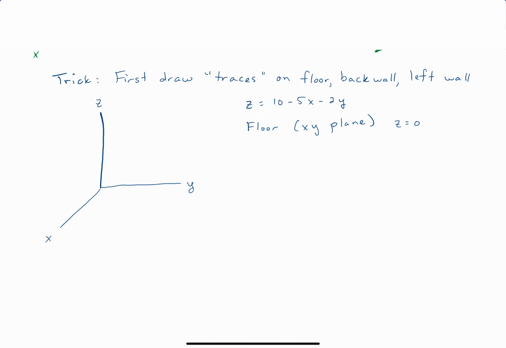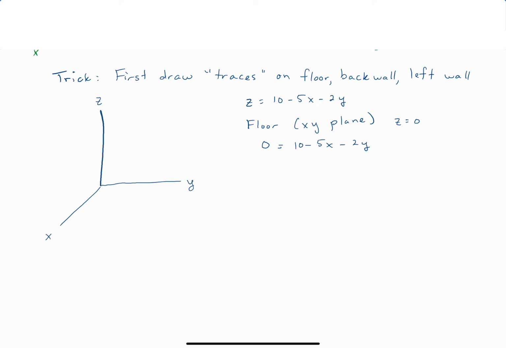So to figure out what that looks like, we put 0 in for z, and ask ourselves, what would this line look like? So this line is going to be on the floor because I'm forcing z to be 0.